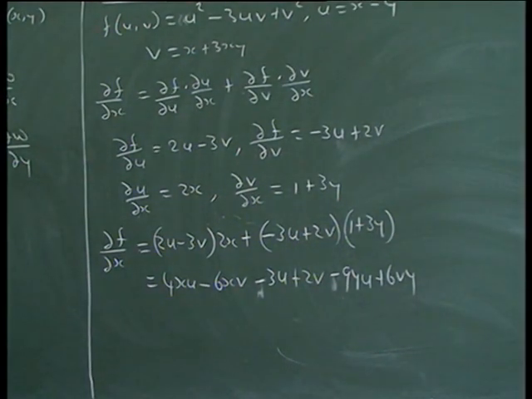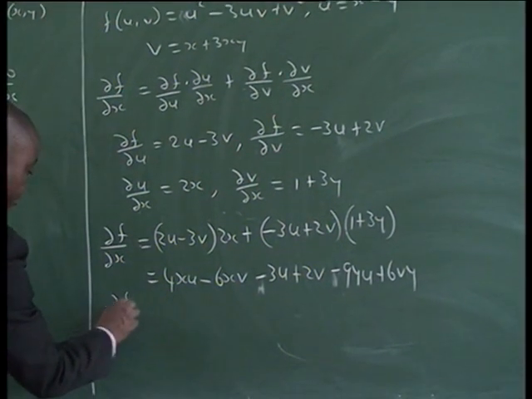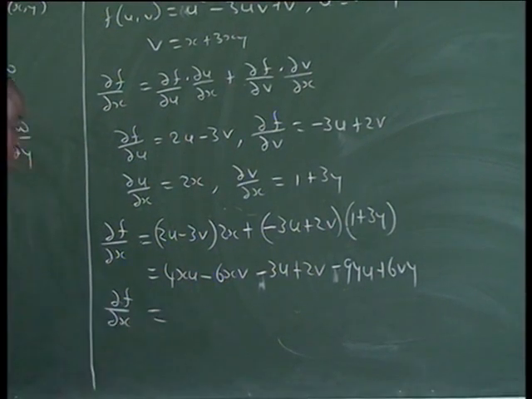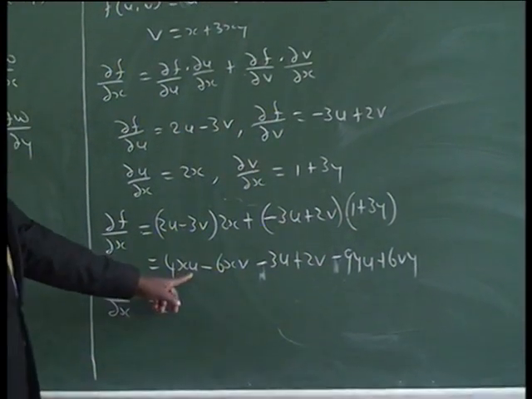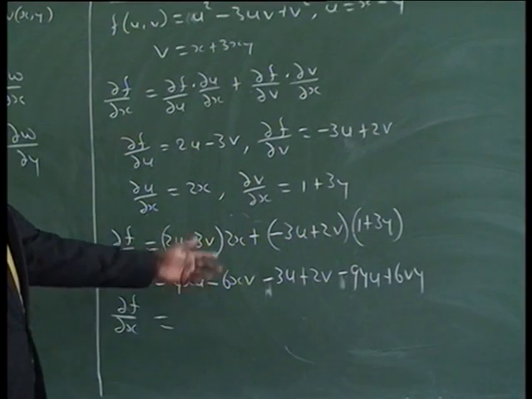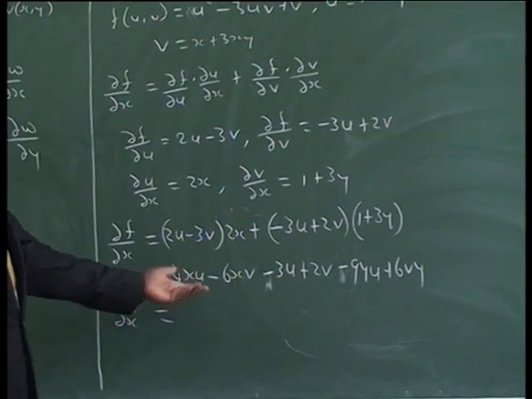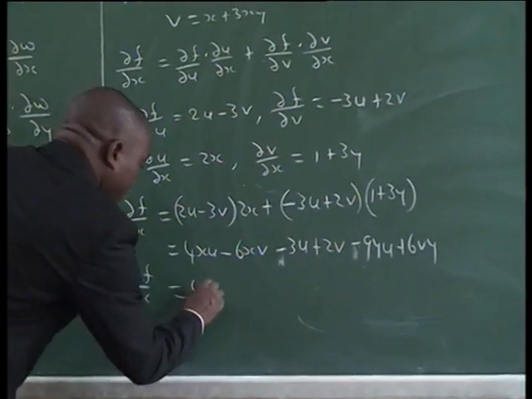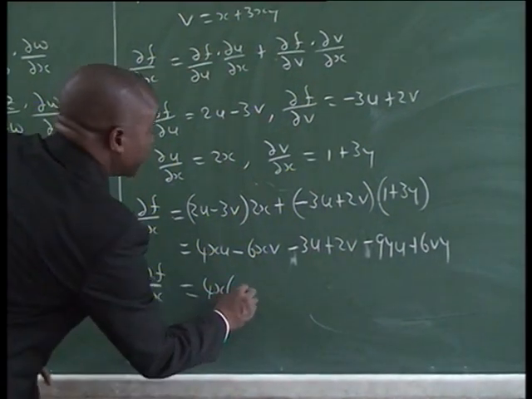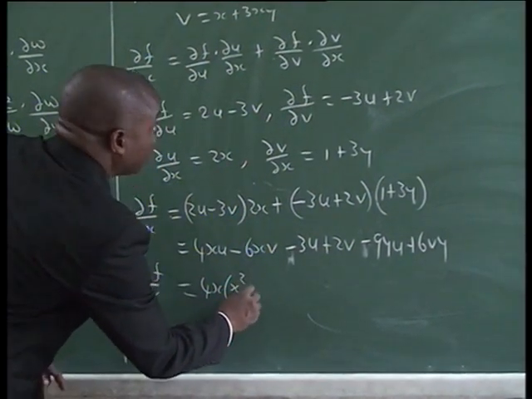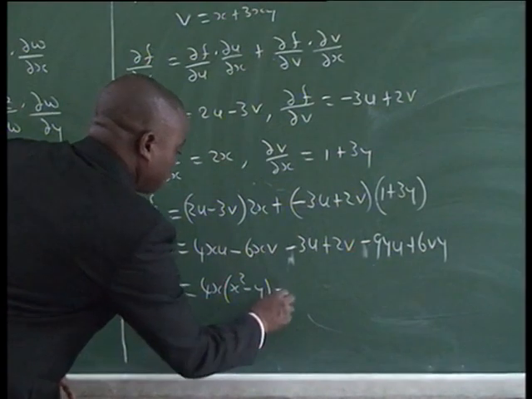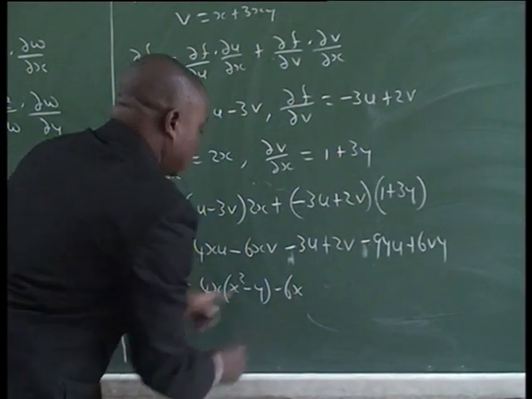Okay, so partial f, partial x. If we can change this to x and y, better. So we have x, then u is x squared minus y, minus 6x.